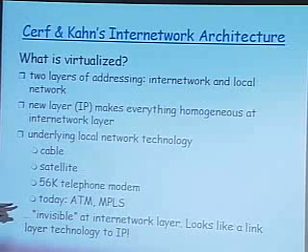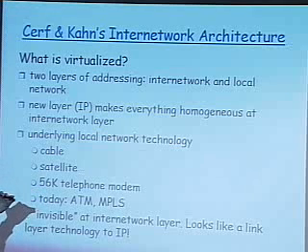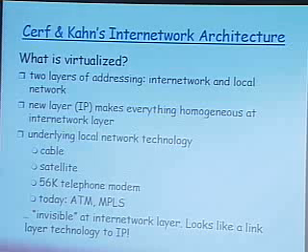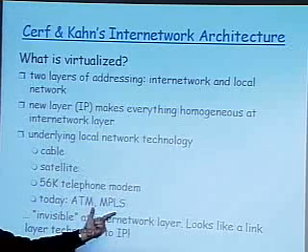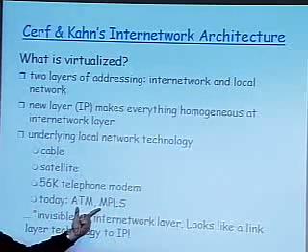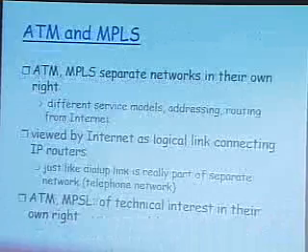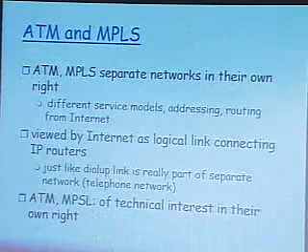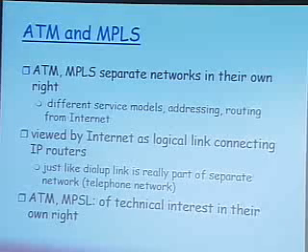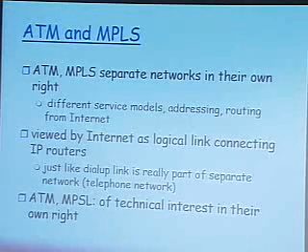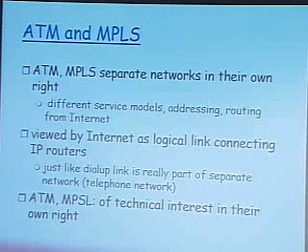So what you have is that below the network layer, the link itself may not be a physical link. You can have a virtual link, and that virtual link might be connected using a whole network. As an example, these ATM and MPLS are separate networks, and what we saw earlier was tunnels.